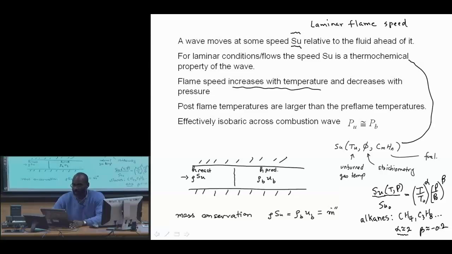Post-flame temperatures are larger than pre-flame temperatures? Well, certainly, because remember that diagram we talked about when we were looking at the overall energy in a flame? When we looked at the enthalpies in a flame relative to the temperature, we understood that in the conversion process in a flame, we're going from the enthalpy of the reactants to the enthalpy of the products.